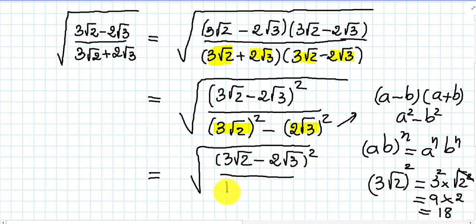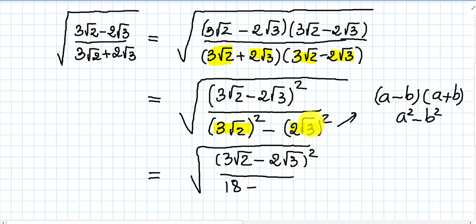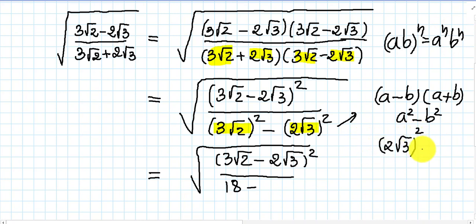So we get 18 minus, and for this part we also use the same rule. So 2 square root 3 all squared equals 2 squared times square root 3 squared, equals 4 times 3, equals 12. So we write 12.